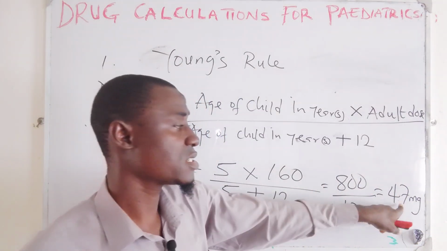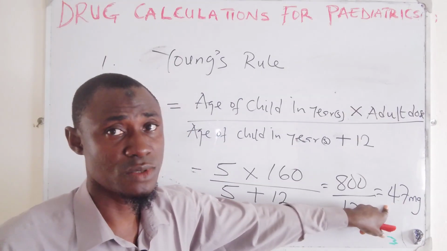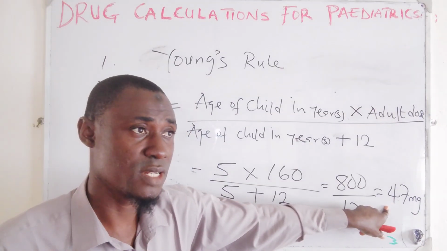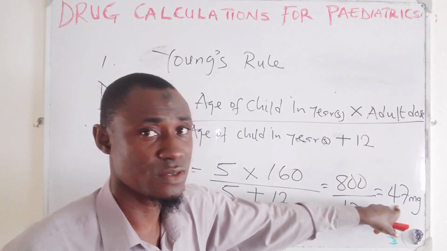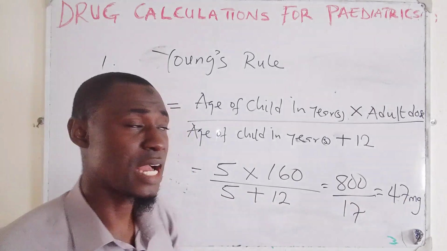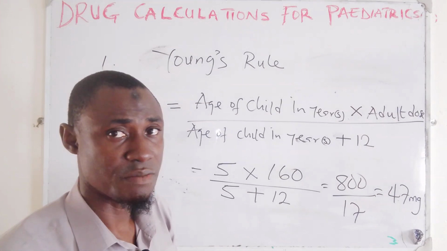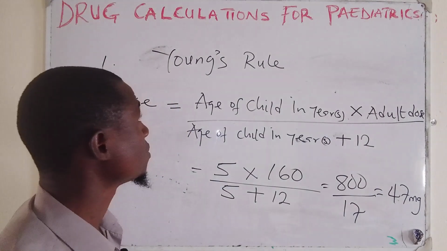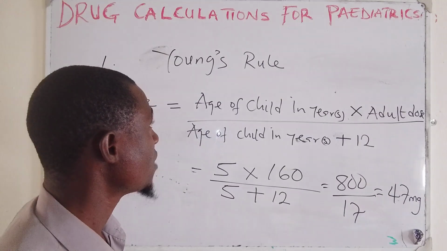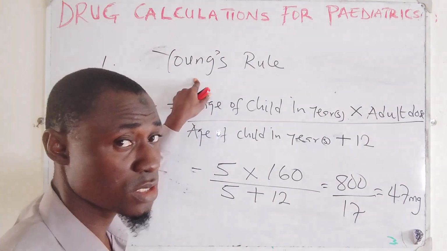Because if I should give this 47 to you to withdraw from an ampoule, you can't do that. It will be very, very difficult. But you can get the equivalent of this 47 in mils, which I can now withdraw, and of course it will be the same as 47, but this time in mils. So this is drug calculation for pediatrics using Young's rule.